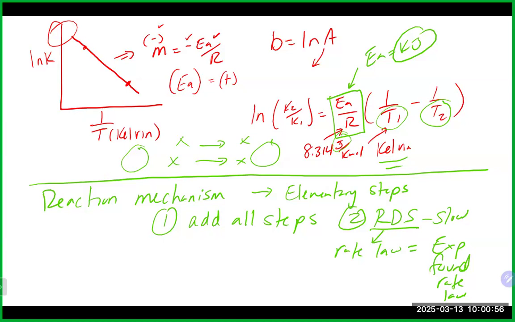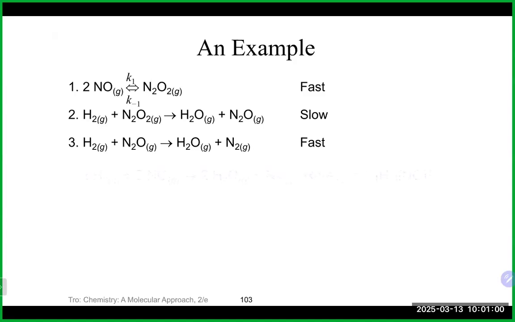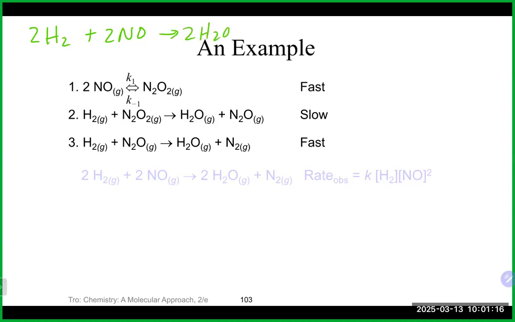Okay. Then let's take a look at a couple different types of mechanism problems here. So I think we didn't actually do this one, but we stopped, I believe, if I'm not mistaken. So we're looking for this overall reaction, which is 2H2 plus 2NO going to 2H2O and N2.